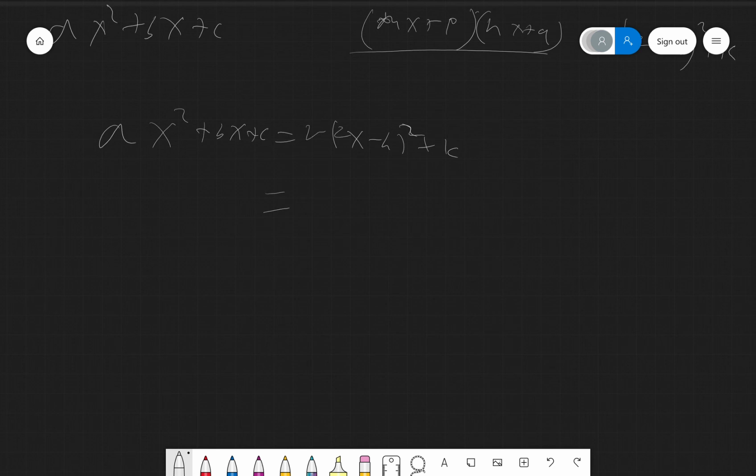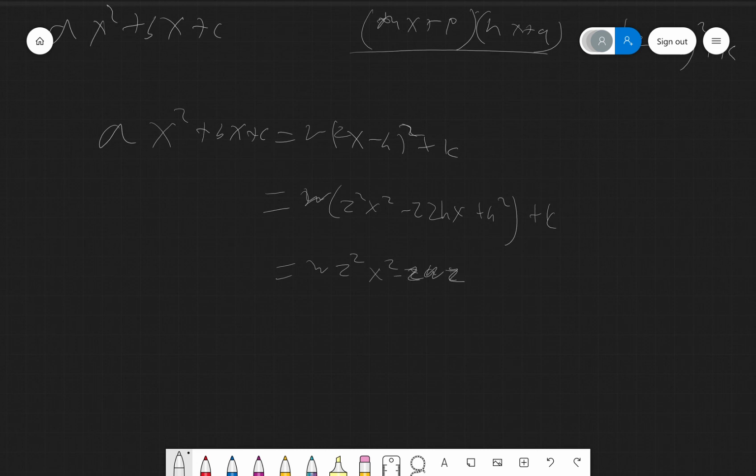Okay. So now we have w times z squared x squared minus 2zhx plus h squared plus k. So now we have that's equal to w z squared x squared minus 2wzh x plus w h squared plus k.